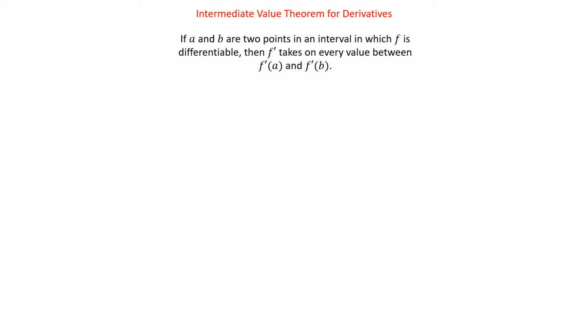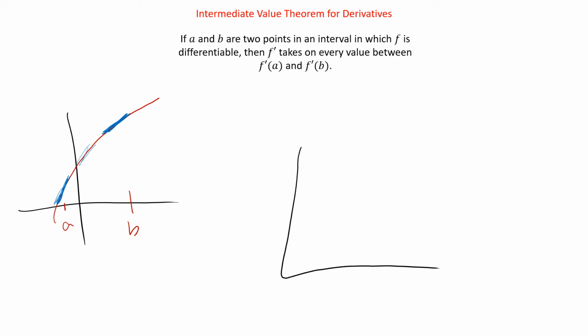So if we have a graph with a function, let's just say it's this function, we have a, we have b. So a is going to be a slope kind of like that, b is going to be a slope kind of like that. So throughout the middle part, it's going to hit all those other slopes. Now, that doesn't mean that it can't do other things.